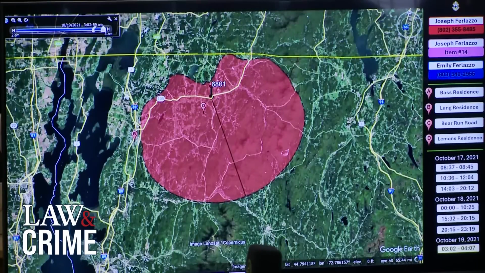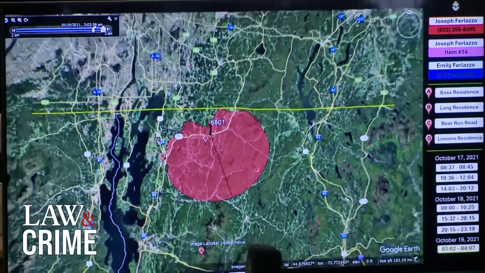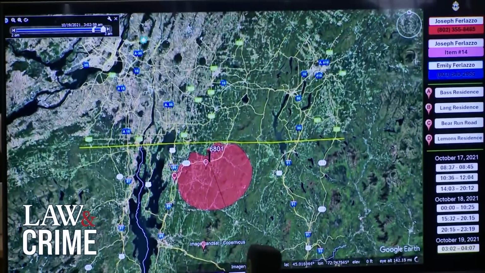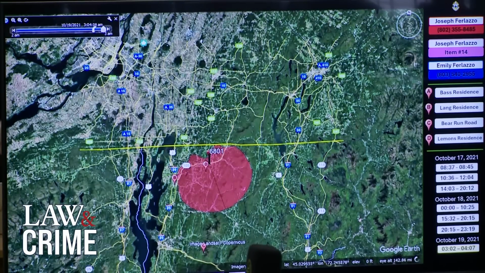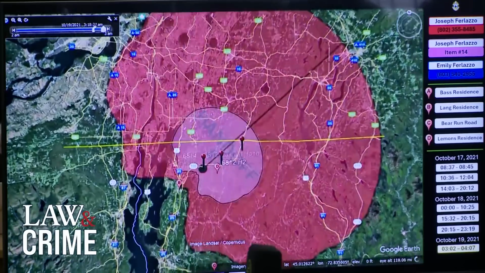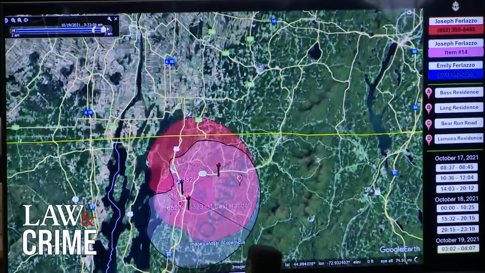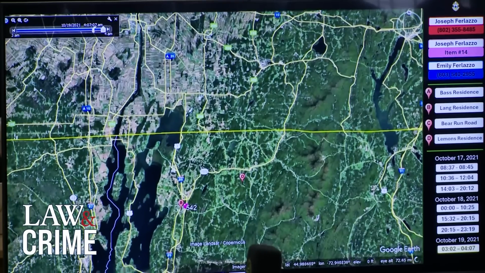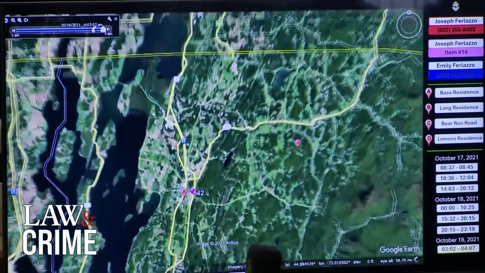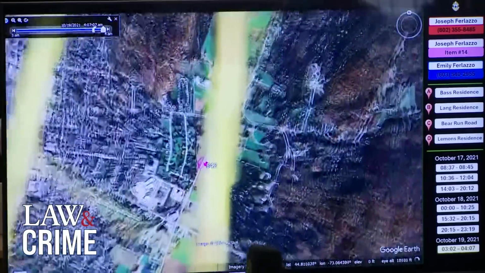So when the AT&T data resumed, the cell site usage resumed, it was that same cell site that it had left off at previously, over on the eastern side, and the Lemons residence fell within that sector. And my analysis saw that there was that shift in the cell site usage over to the west, went back over into the St. Albans area, and then at about 4:06 is when a cache location started.